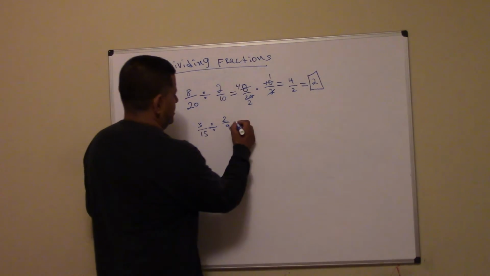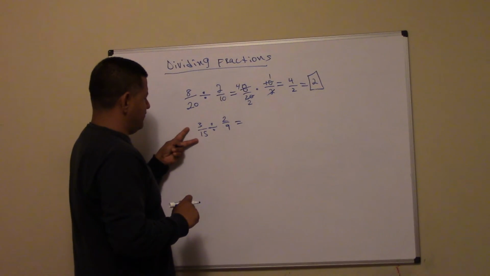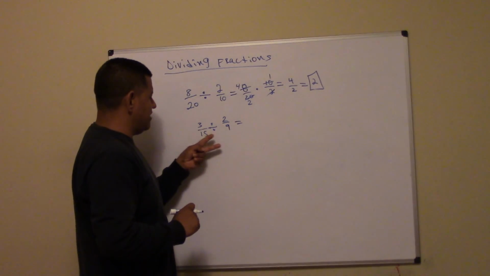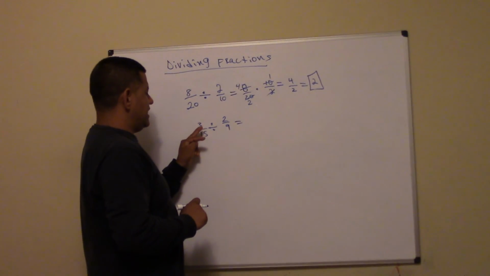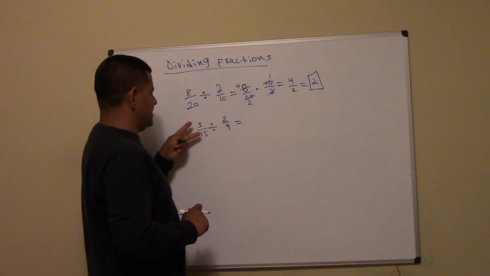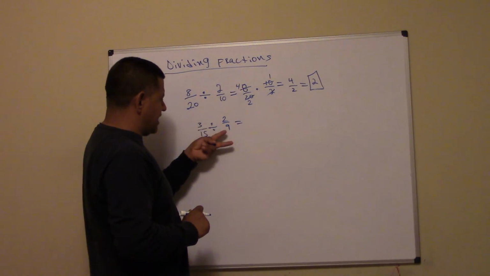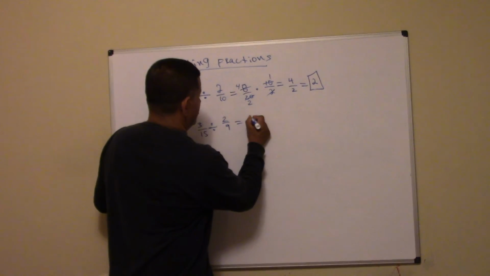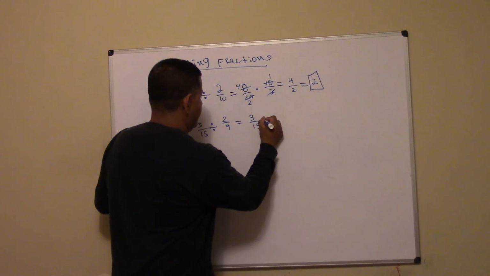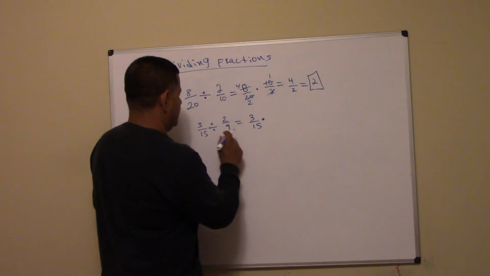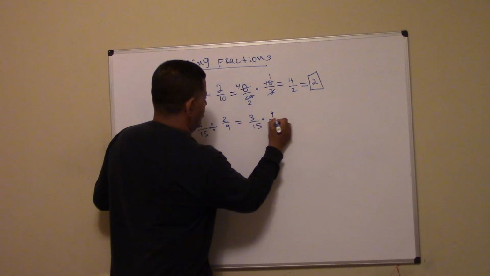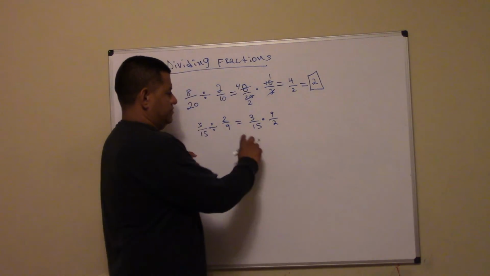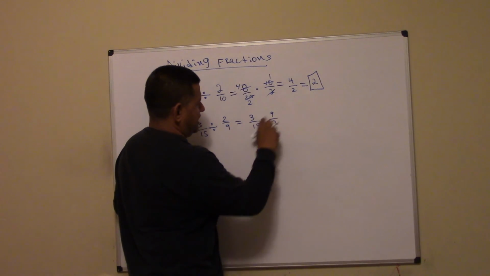In this case, my step one is not doing any cancellation yet. My step one is flipping the right side, changing the sign, and then doing the cancellation. So it's 3/15 times 9/2. Now I have some numbers I can cancel.